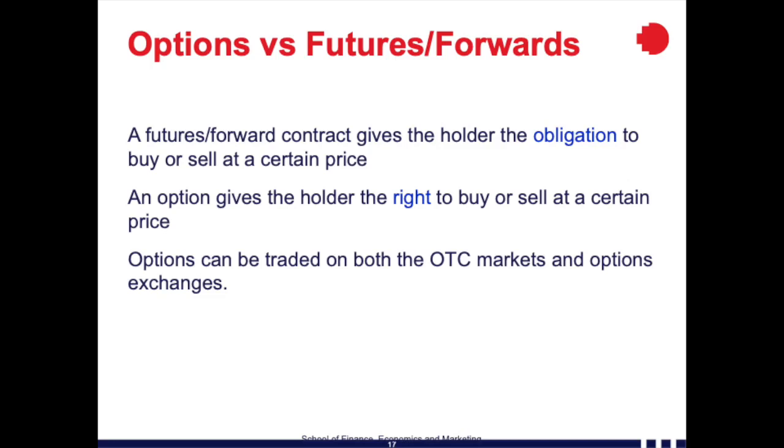Therefore, the holder of the option contract has the right, not the obligation, to buy or sell the asset in the future. And if the holder chooses to exercise the option, then the seller will have the obligation to sell or buy the underlying asset as promised in the contract.